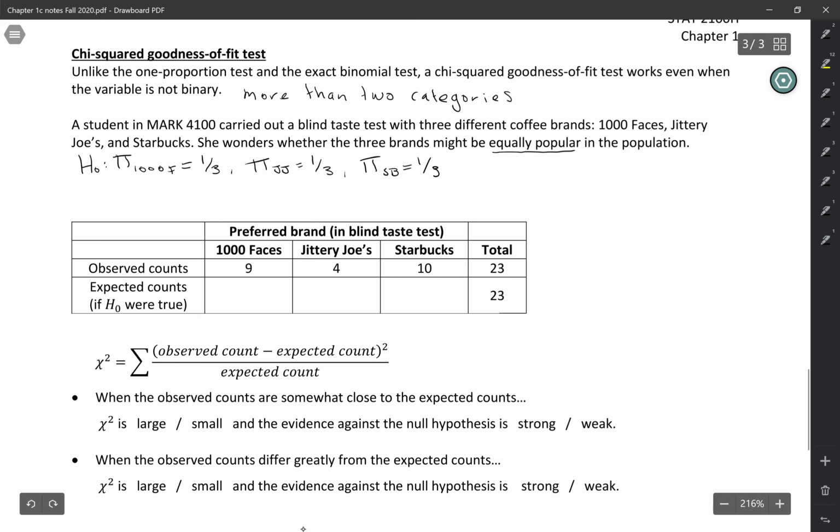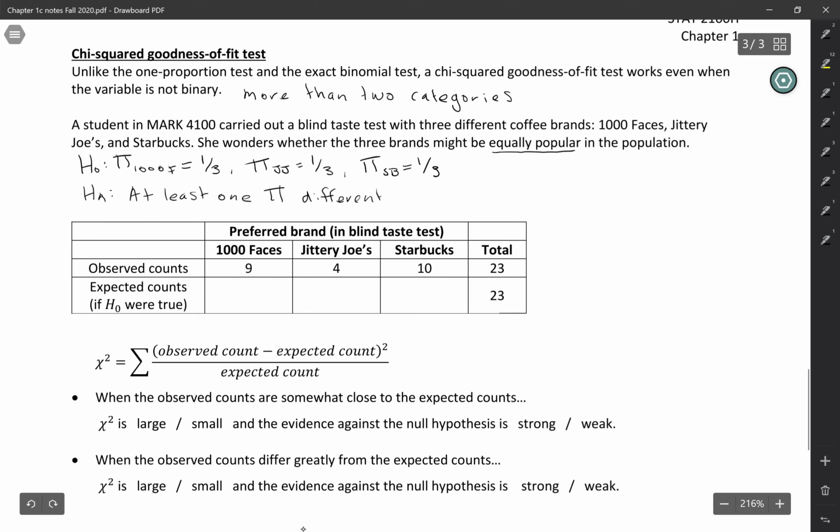So for writing the alternative in this case, we can think about what would have to happen to make the null hypothesis untrue. It doesn't necessarily mean that all 3 of those proportions are different than 1/3, just that at least one of the proportions, so at least one pi, is different from the others.